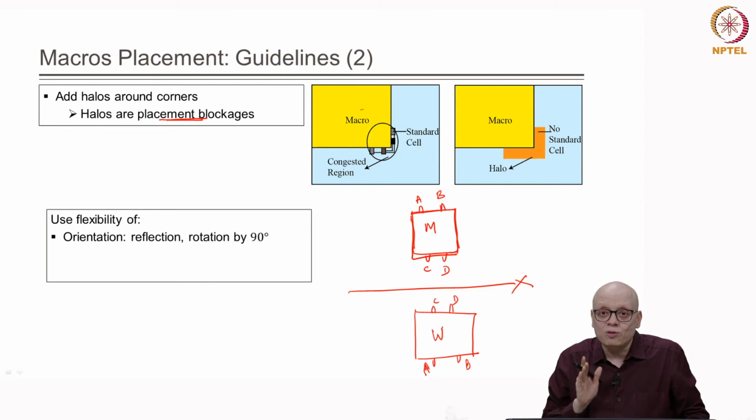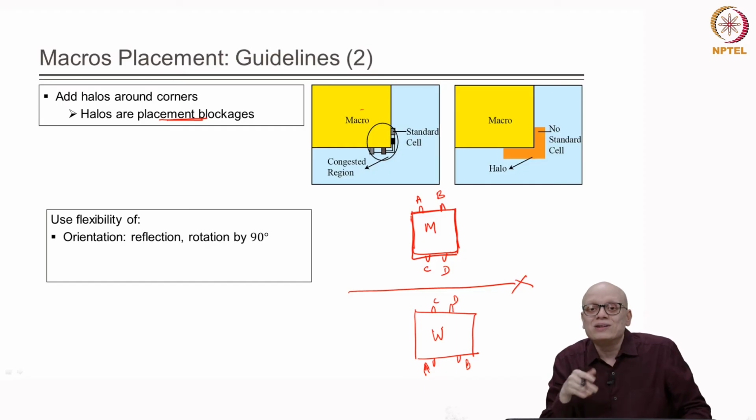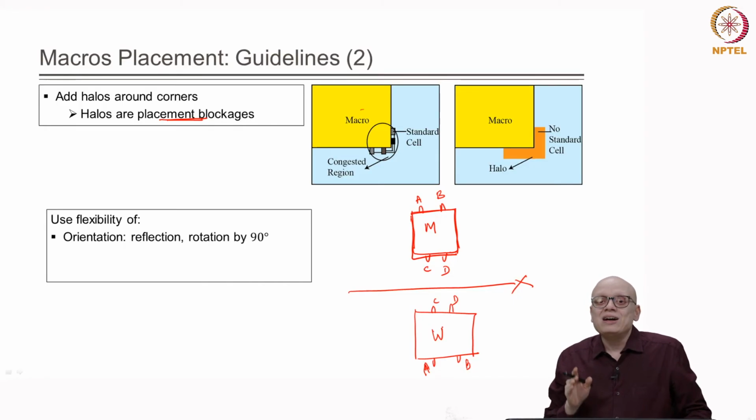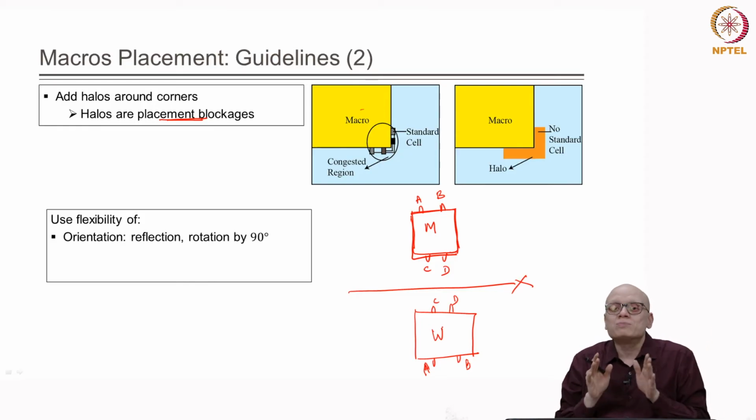The only thing, a warning here, is that once we rotate an object, the power lines also get rotated or reflected and so on. Whether the power lines in the object are still aligned with the power grid that we had designed during power planning or not must be looked into.